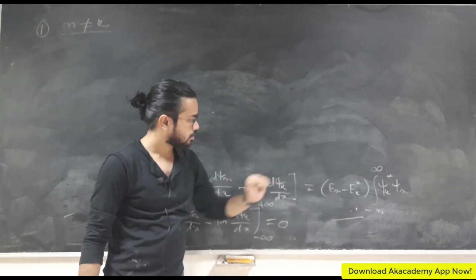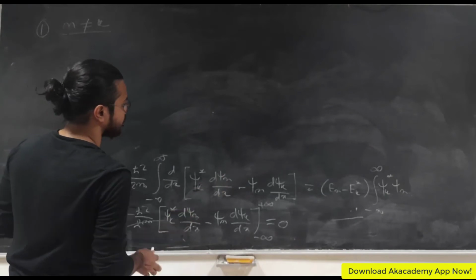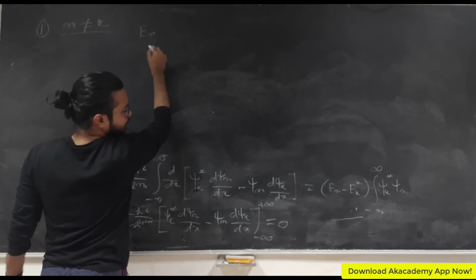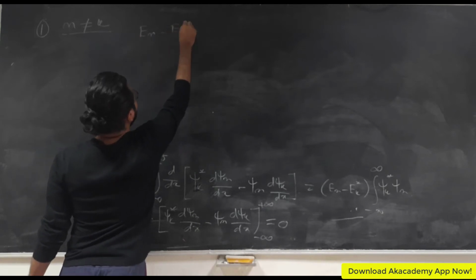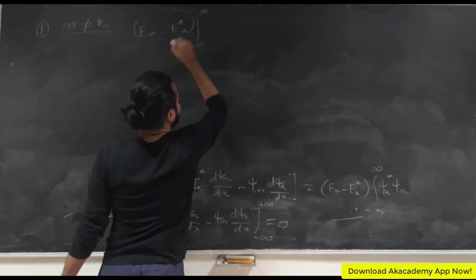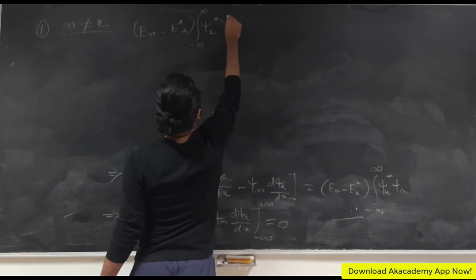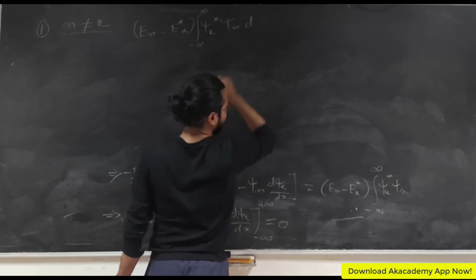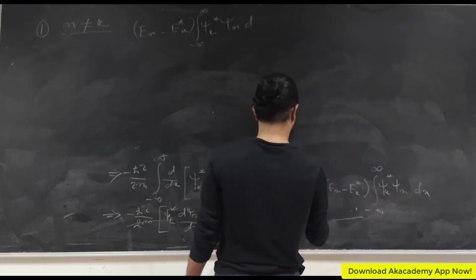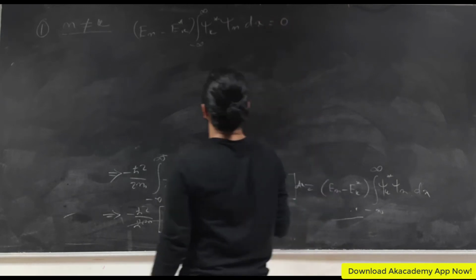From the right hand side, we get en minus ek star, integrated over minus infinity to plus infinity of psi k star psi n dx, equal to 0.